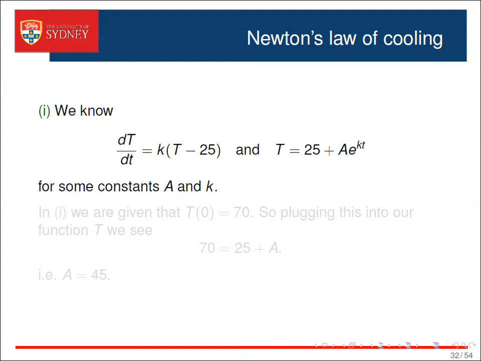How can we find the temperature after a further 10 minutes? That is, how hot is the coffee after being in the room for 20 minutes? Well, first we need to know the values of our constants a and k. Then we can just plug in t equals 20 to get the temperature at time 20 minutes.